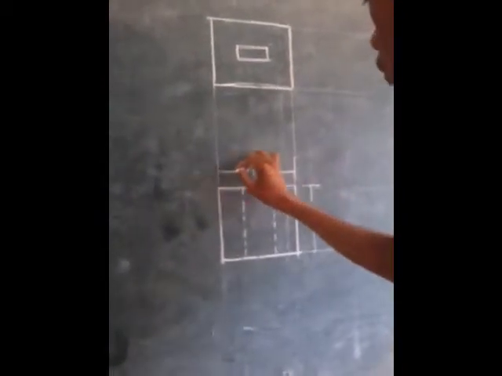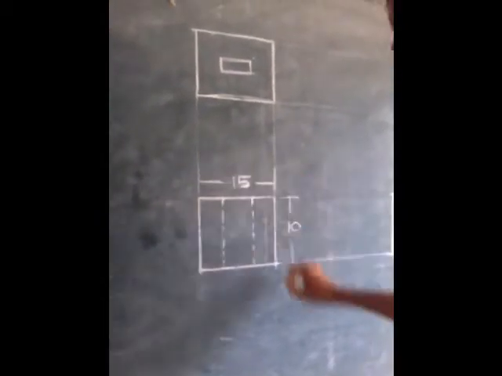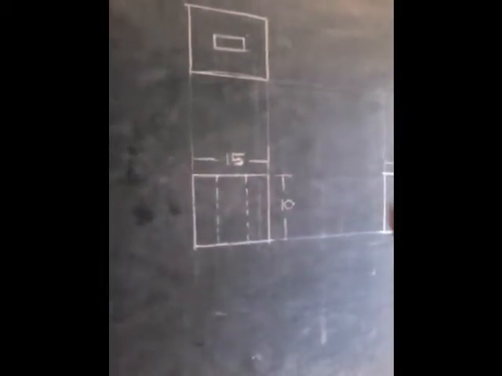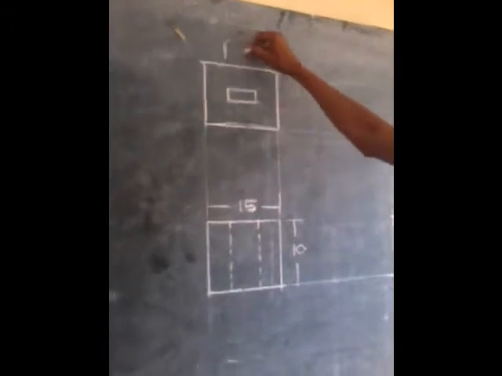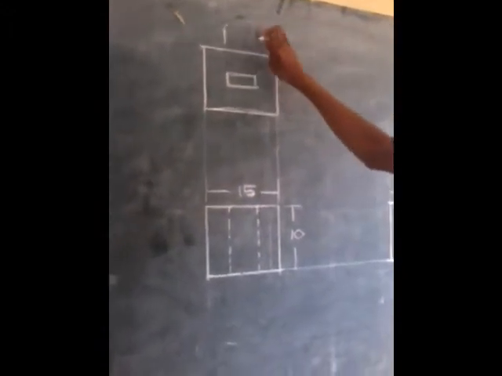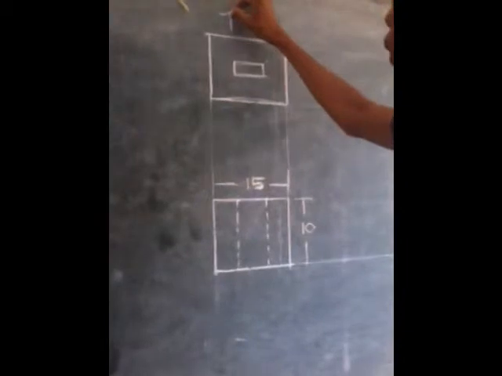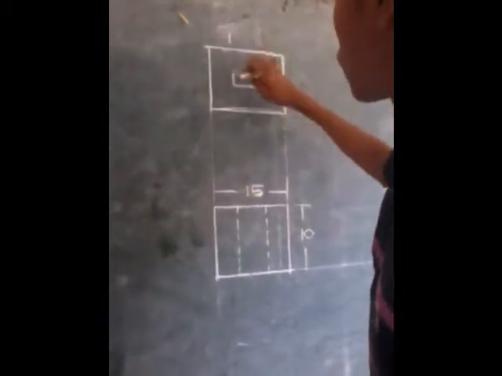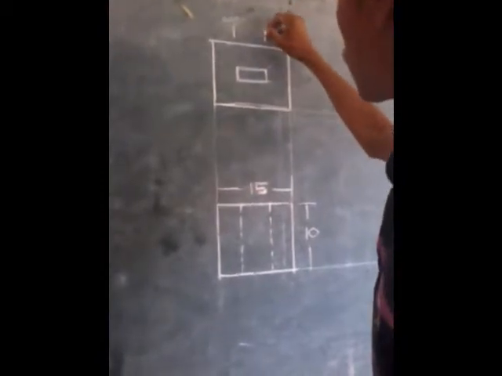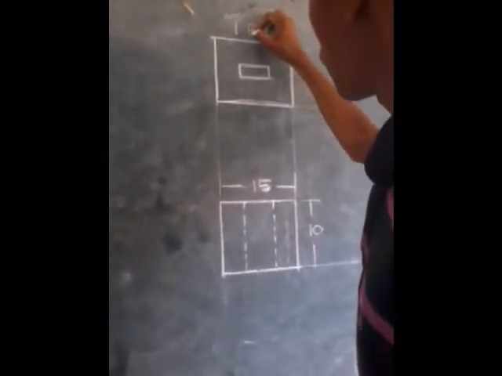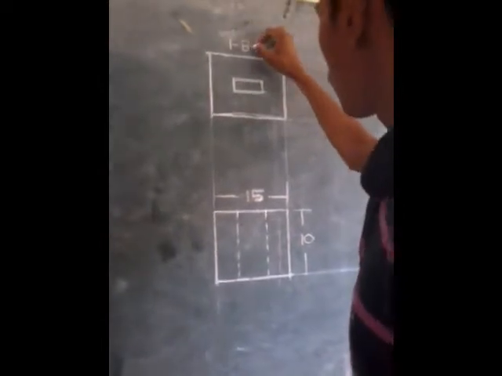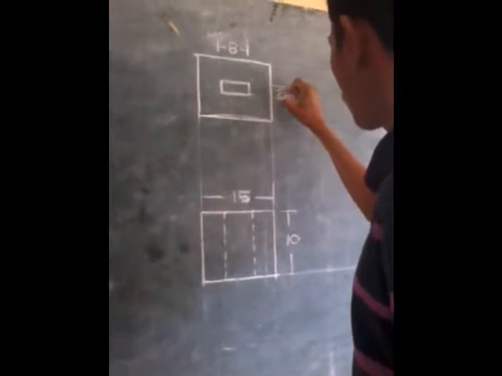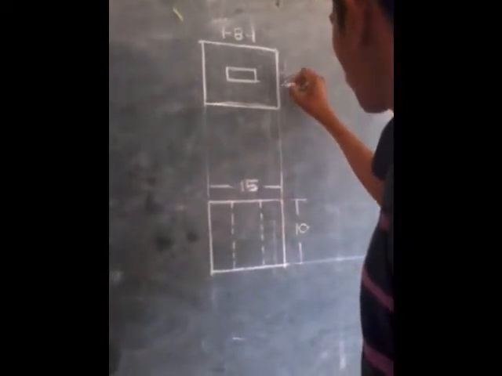The top view has 15 in length. Mr. Solaiman is doing the dimensioning of the inside part of the object. And the last part is label the views.